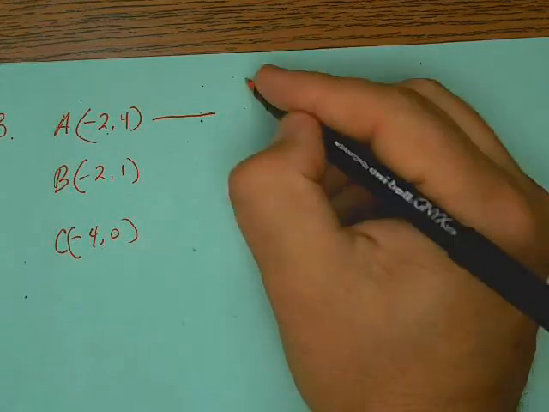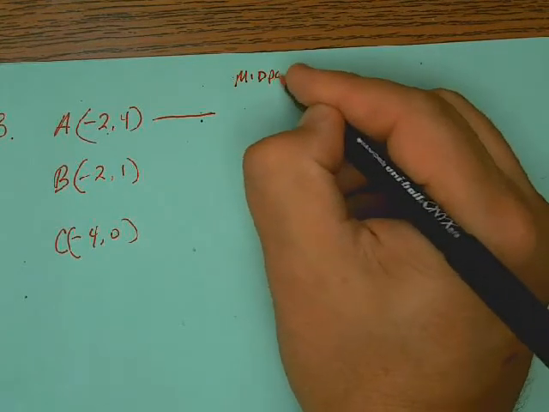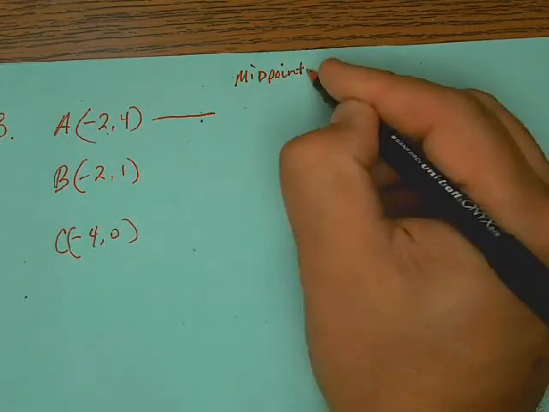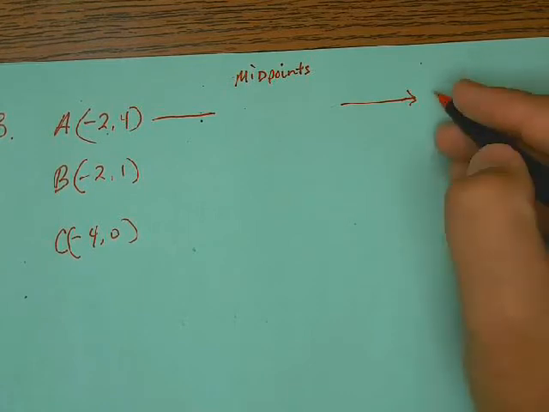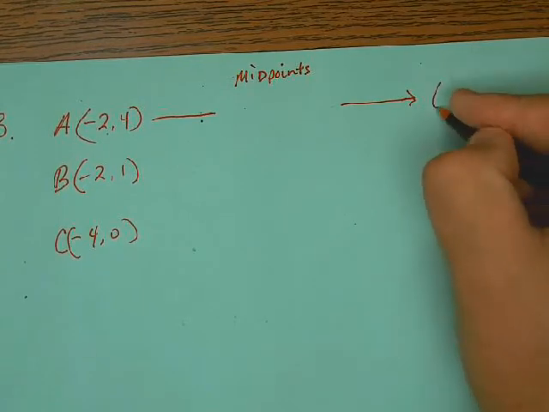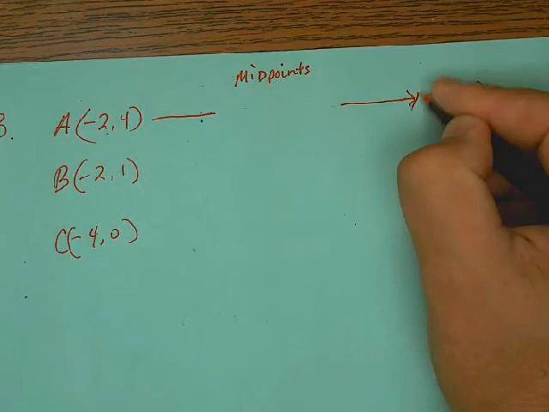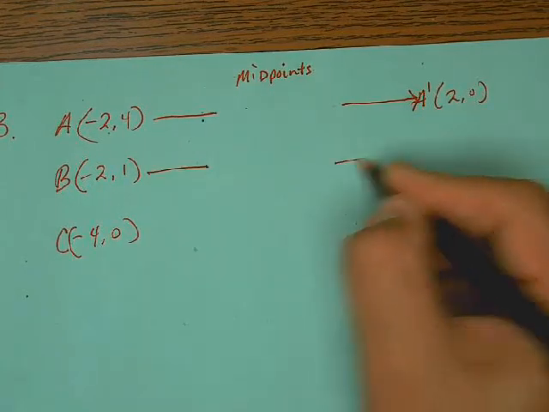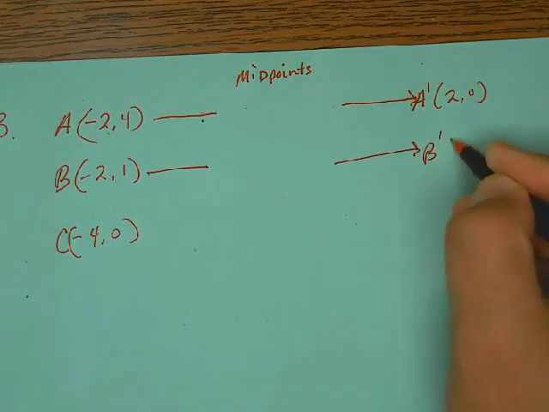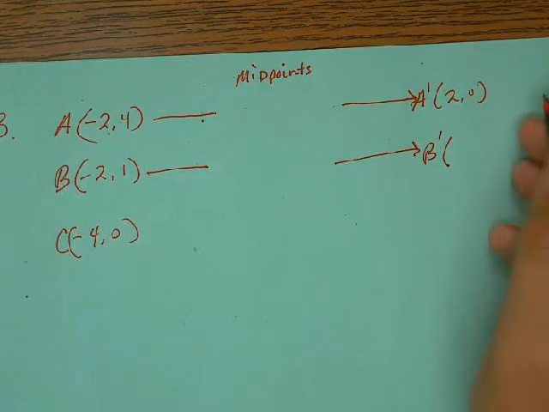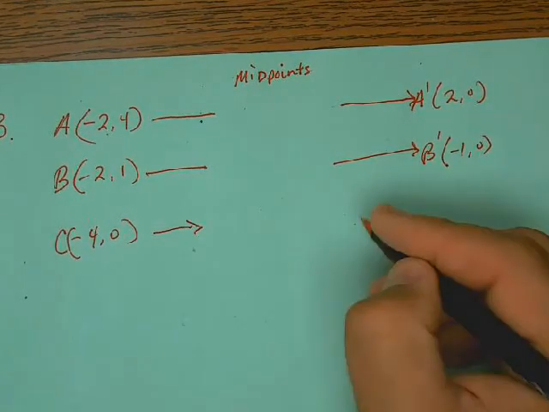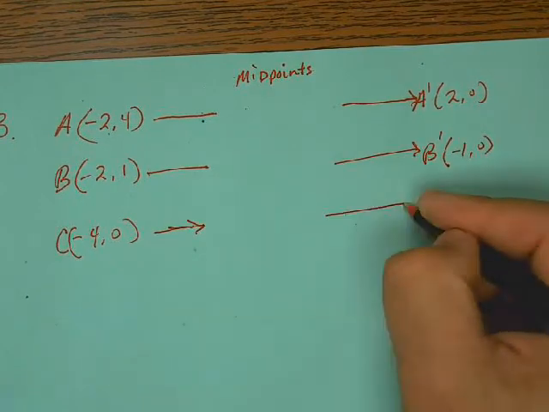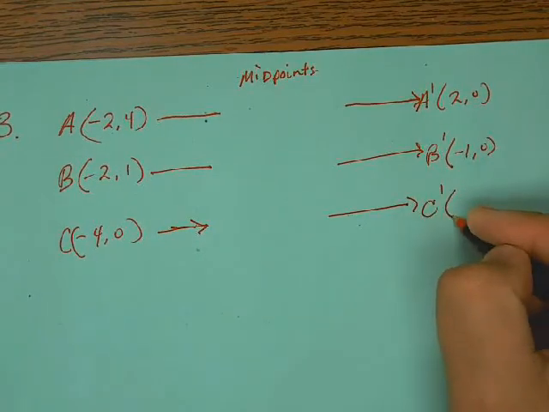And these are where we're going to put the midpoints, because I have to find the midpoints. A prime is 2, 0. B prime is -1, 0. And C prime is -2, 2.